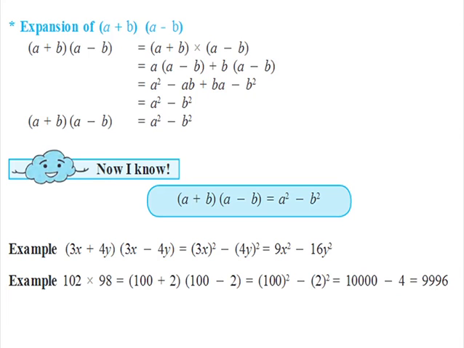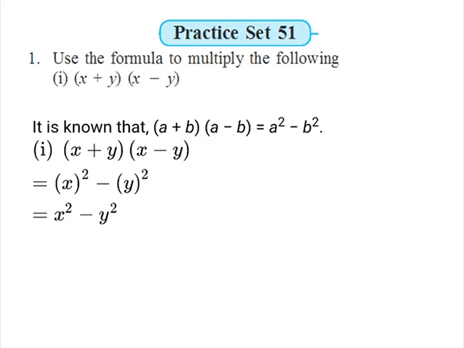Now we will start with practice set 51. First question: use the formula to multiply the following. First example, (x plus y)(x minus y). We know the formula (a plus b)(a minus b) is equal to a square minus b square. Here x is written in place of a and y is written in place of b.